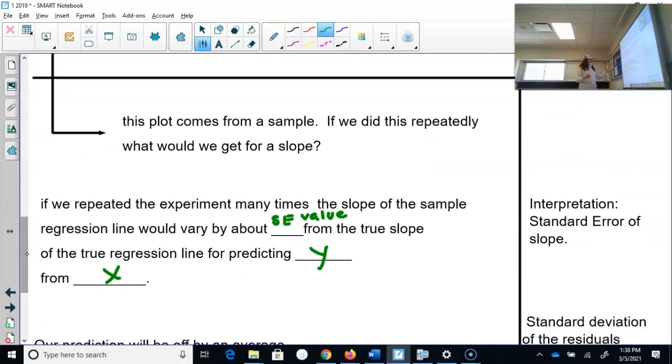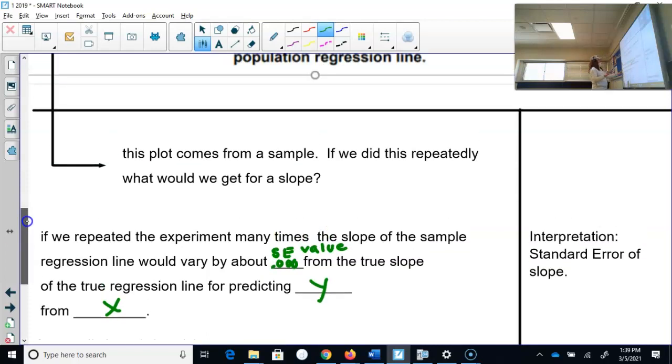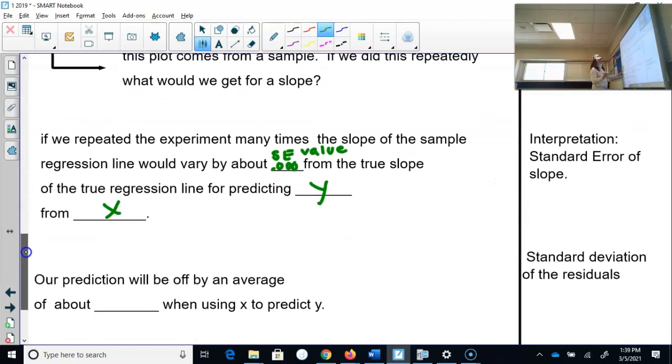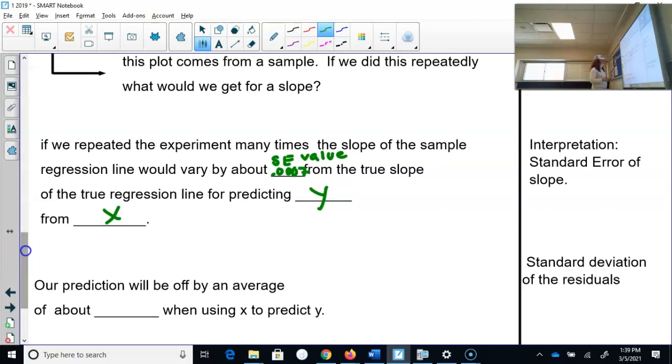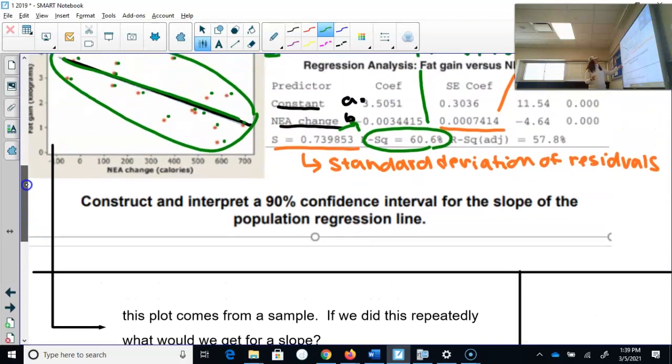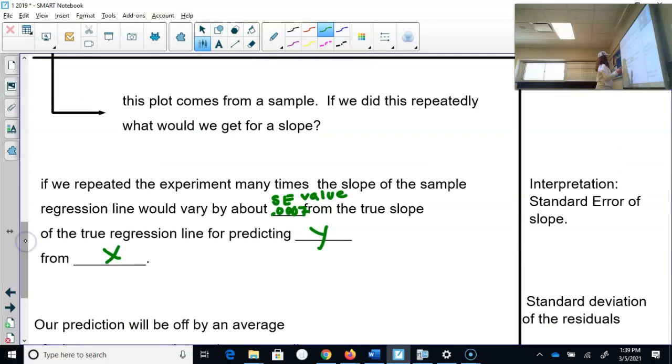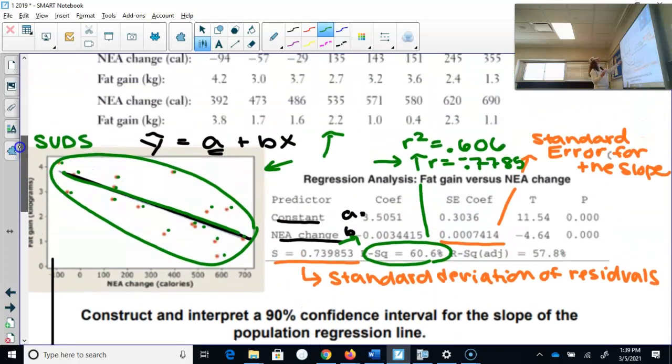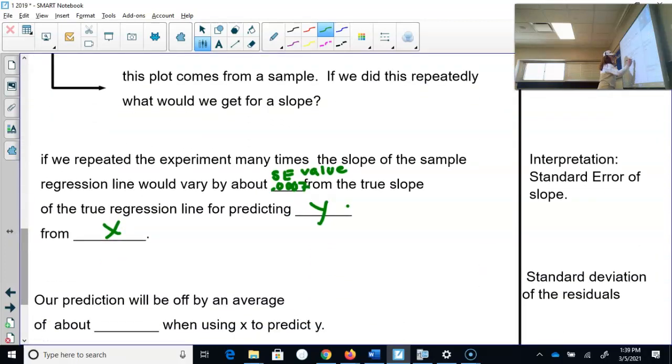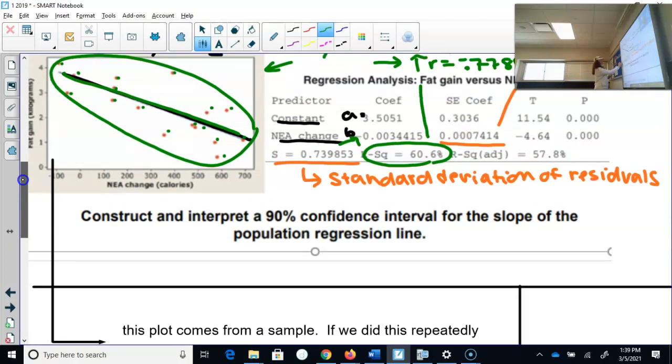I would say if we repeated the experiment many times, the slope of the sample regression line would vary about 0.0007 from the true slope of the true regression line for predicting y. What is our y? Our y is our fat gain. So I would put fat gain here from our NEA. Let's see, what was the unit they used on it? NEA change.